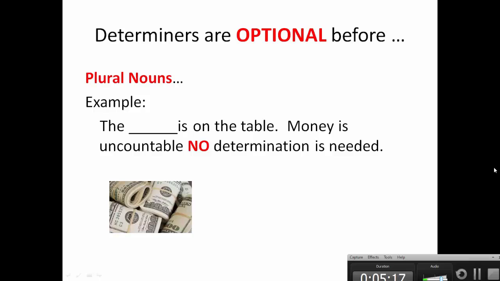We could not say, the money A is on the table, or the A money is on the table. Nor could we just say a money is on the table. We could say money is on the table. But it's optional. We can use it or we can choose not to.